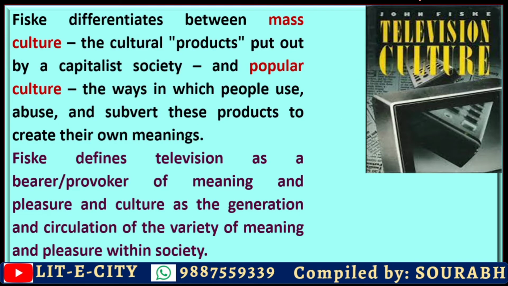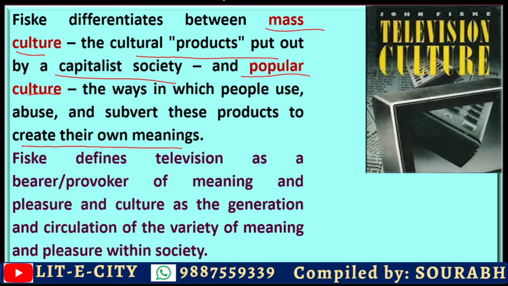John Fiske differentiates between mass culture, which is cultural products put out by a capitalist society, and popular culture, the ways in which people use, abuse, and subvert these products to create their own meaning. So you can say mass culture and popular culture are not similar.